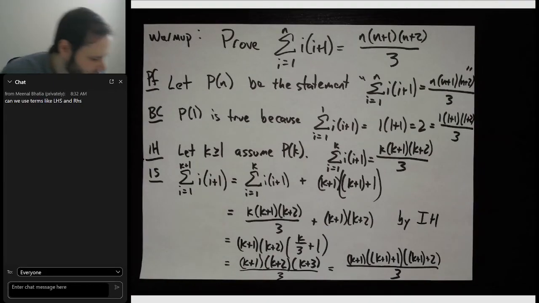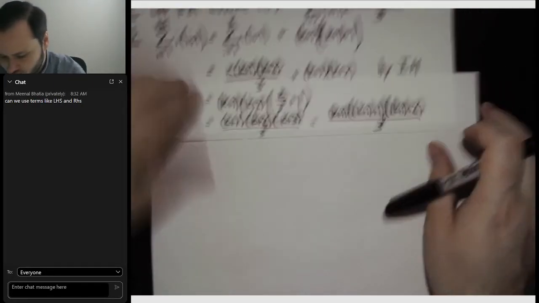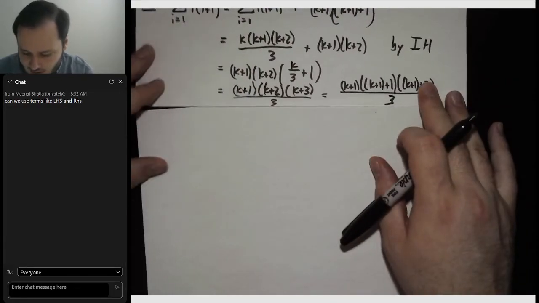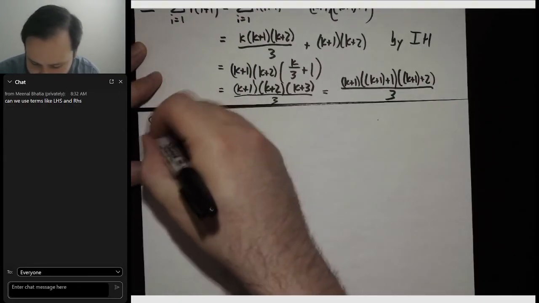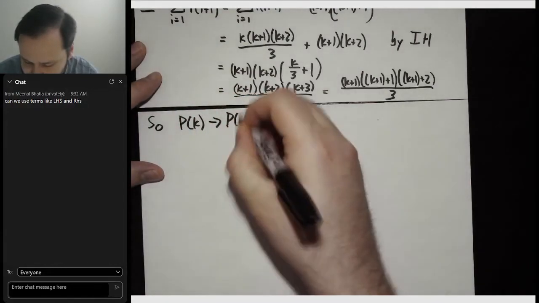Therefore, just get a new page. So P of k implies P of k plus 1.